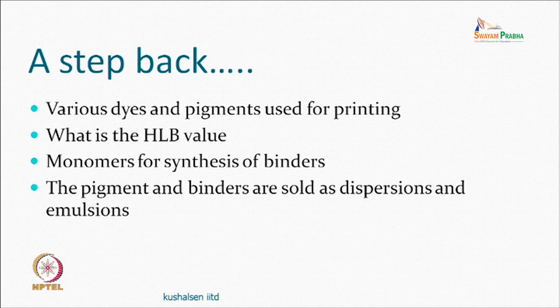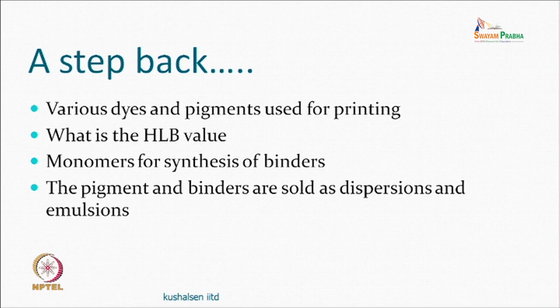So, till the last time, what have we done? We have learned about the dyes and pigments that can be used for printing and what should be approximately the difference which makes them more suitable for printing.